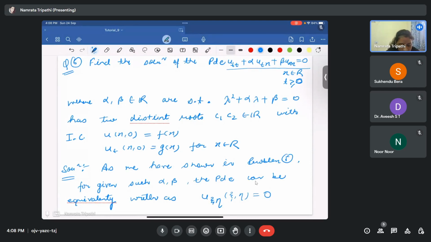Simply, you have to integrate with respect to xi, and then with respect to eta, and you will get the solution.